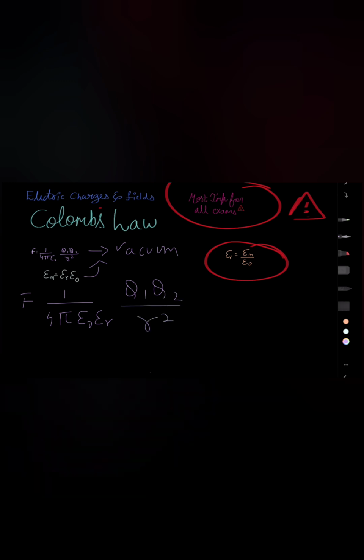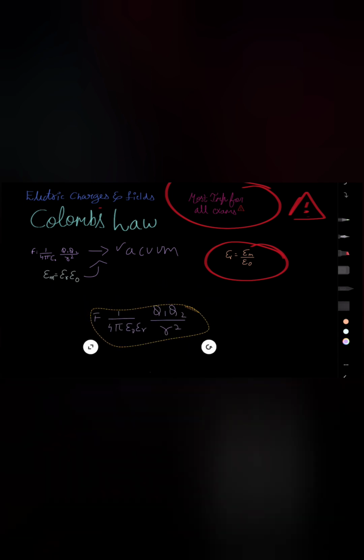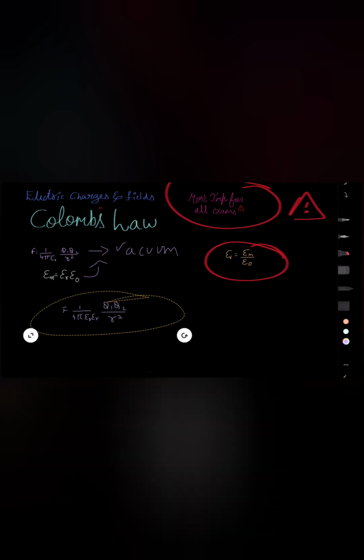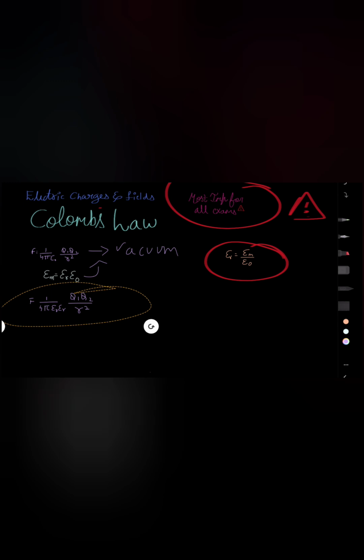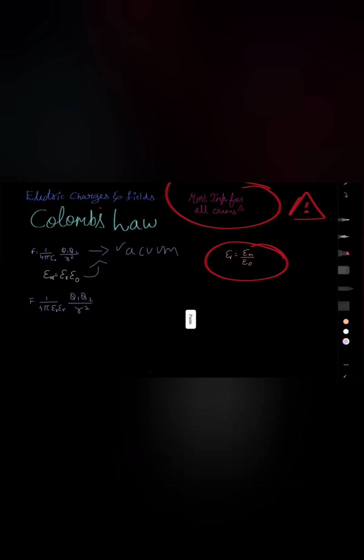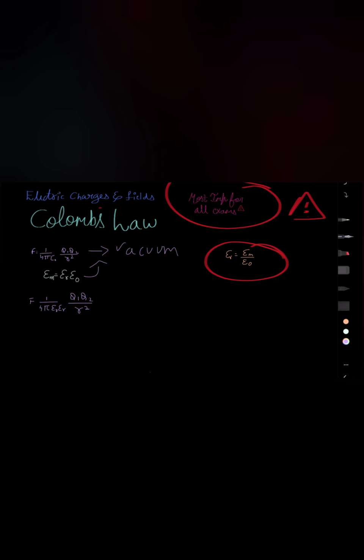This is the same formula for any other medium. It is important: if they have given vacuum, we will use the other formulas which we learned earlier. If they have given any other medium, sometimes they will give the relative permittivity.